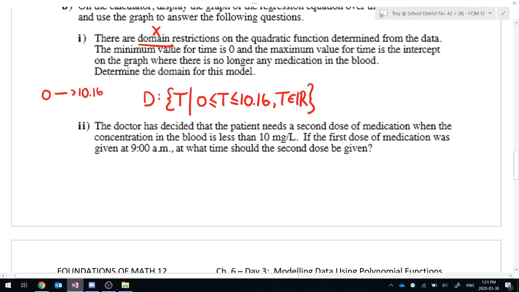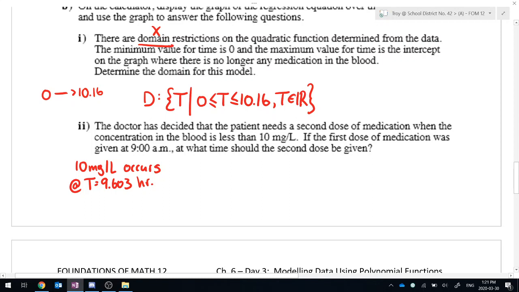So we know that 10 milligrams per liter occurs at t equals 9.603 hours. So we can convert that extra 0.603 hours into minutes if we want to.